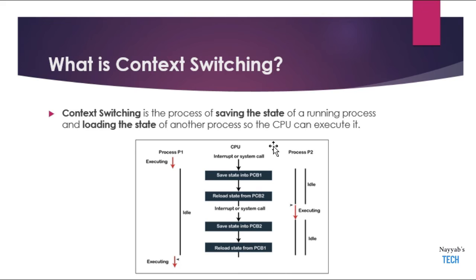This is the way context switching works: save the state of the running process and reload the other process, and then again save the state and reload another process.